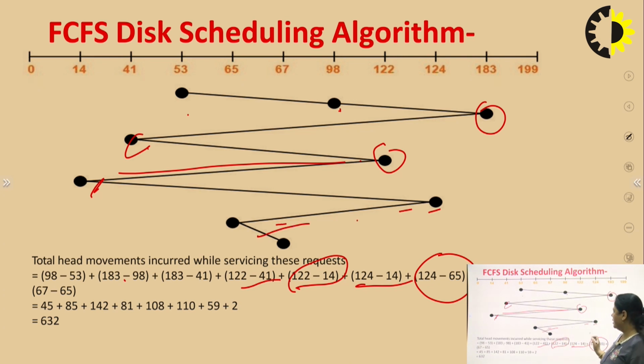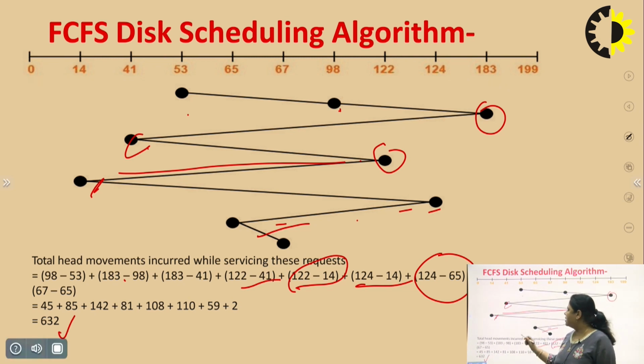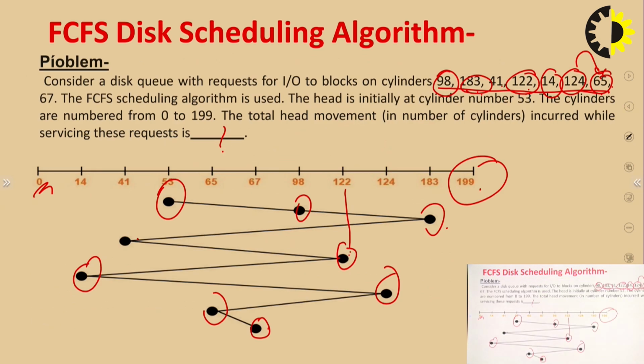When we calculate it comes to 632. So this is the answer with the help of the first come first serve disk scheduling algorithm.